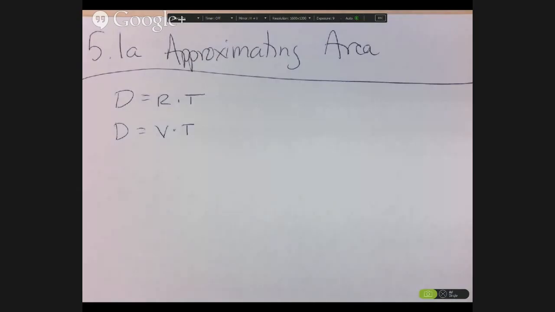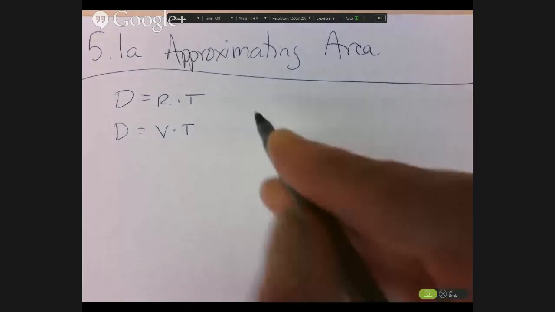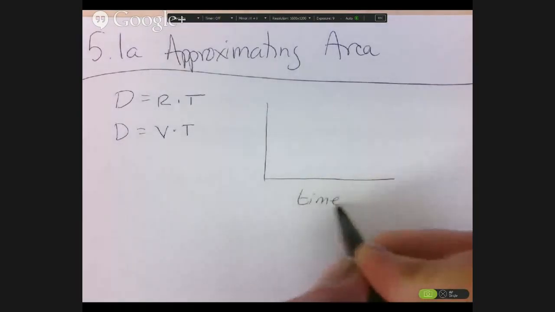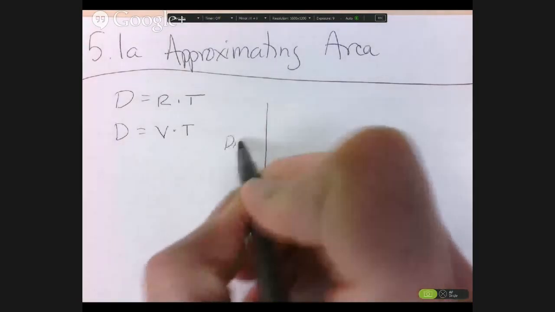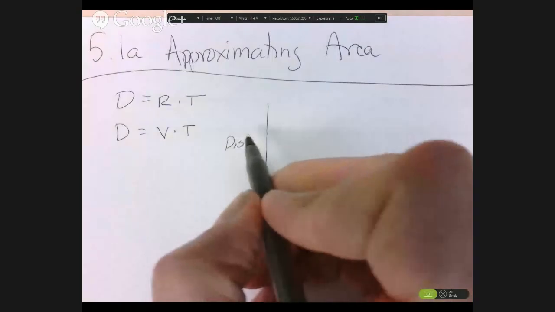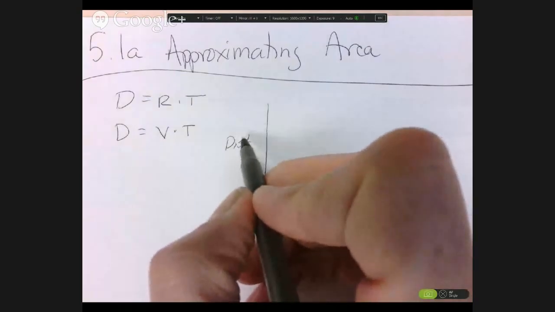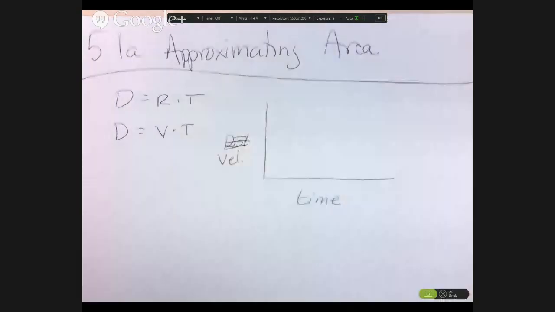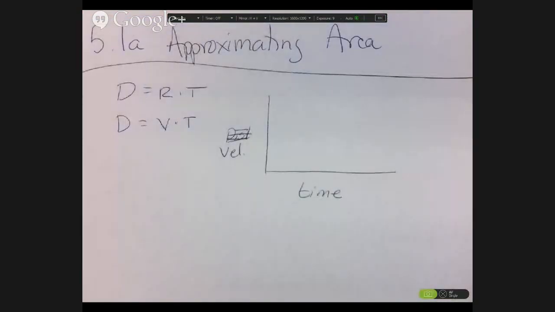Okay, so if you have a... sorry, that's not right. This needs to be velocity. Okay, so we have a time versus velocity graph.